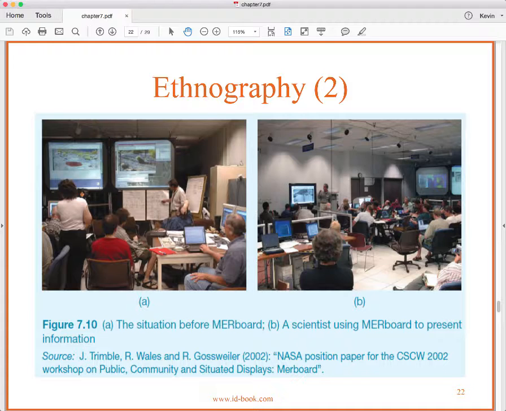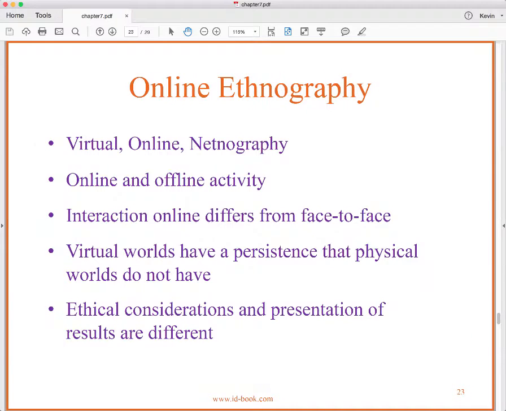They were investigating the appropriate design of data analysis and storage capabilities and interaction capabilities for this team of scientists who were working on that project.